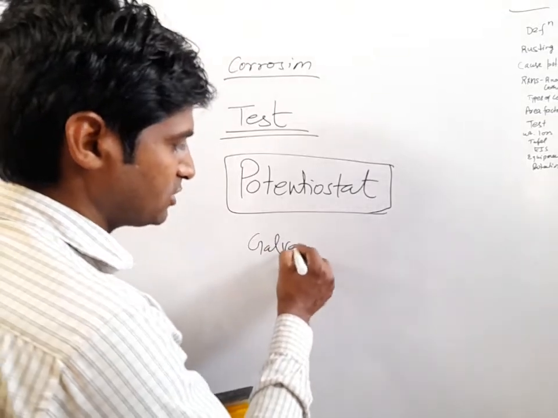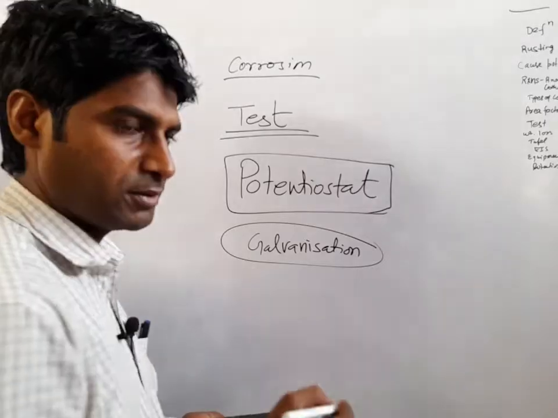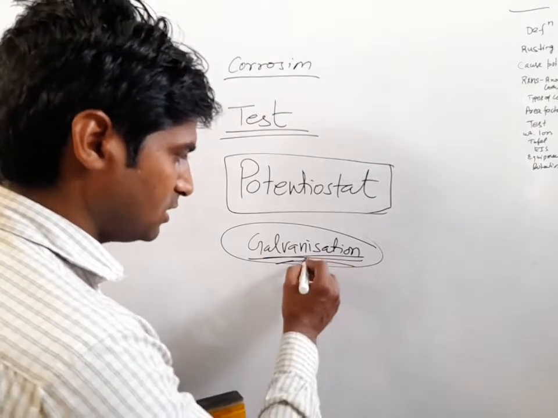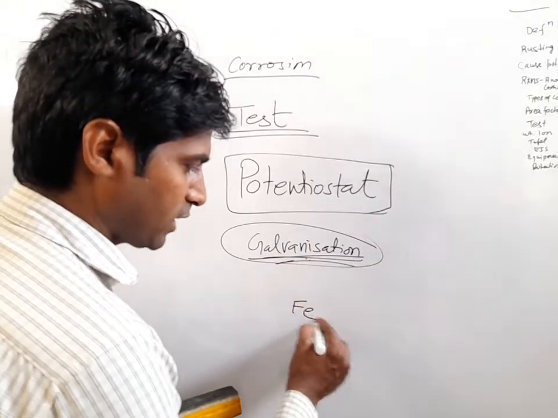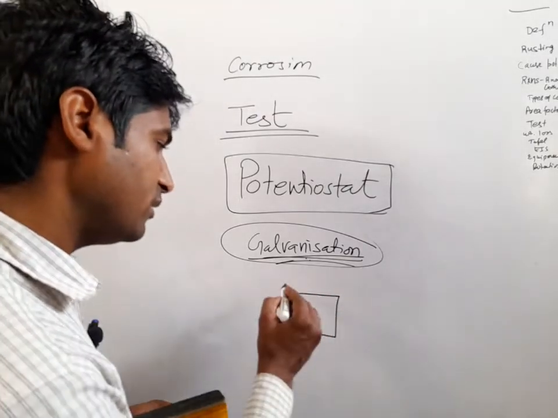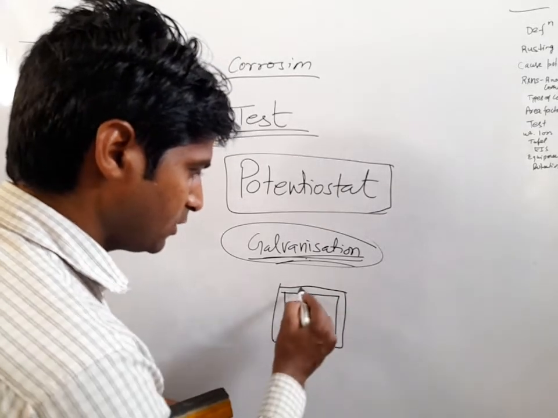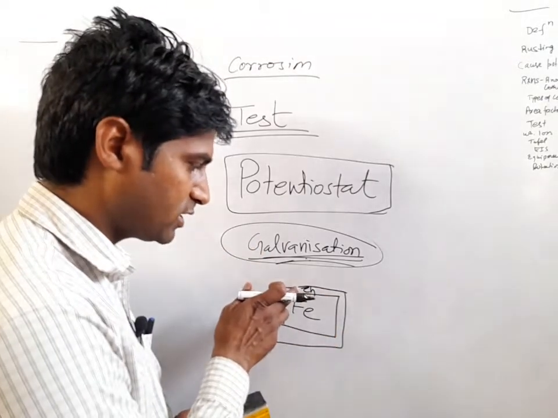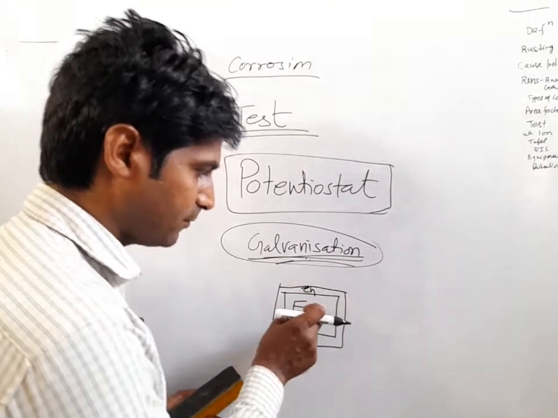And one more thing I want to tell you is galvanization. Galvanization is a term related to corrosion protection of any material. In galvanization, for any material which we want to protect, like iron, we put a coating of zinc on it, because zinc has a more negative potential, or is more active, so it will always corrode first, then the iron.